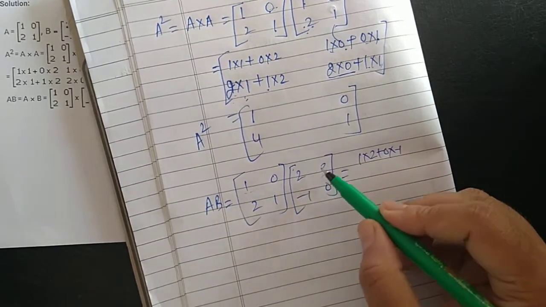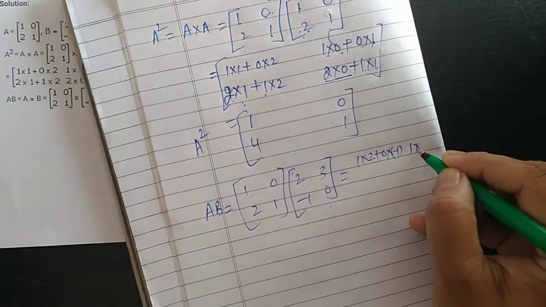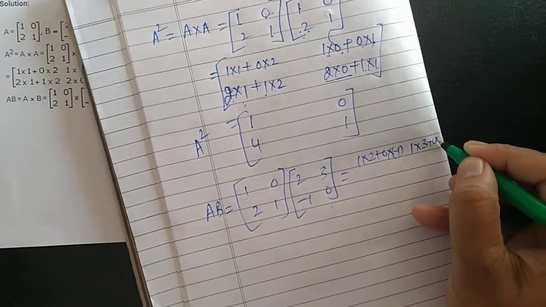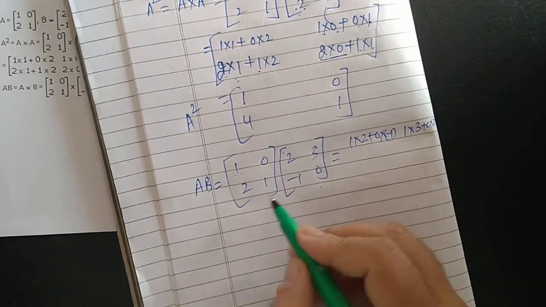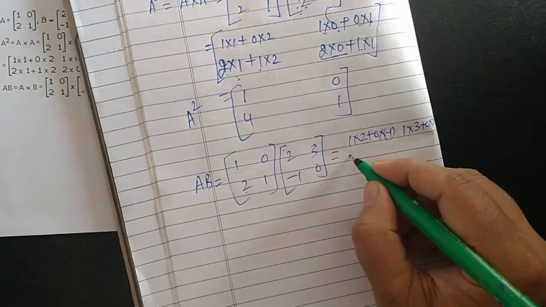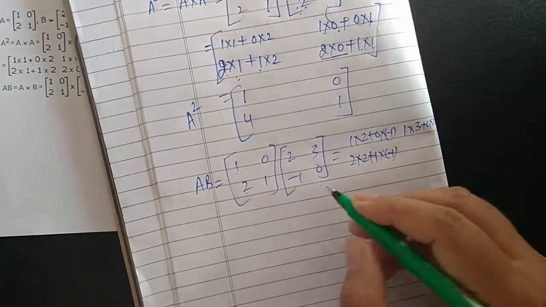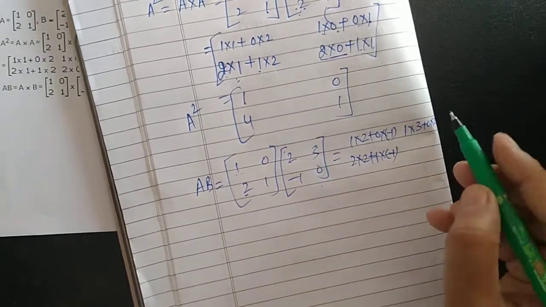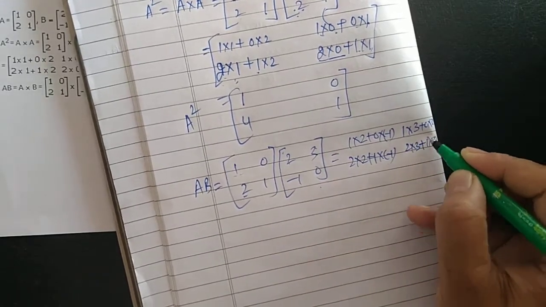Then first row with second column, 1 multiply by 3 plus 0 multiply by 0. Then second row with both the columns, 2 multiply by 2 plus 1 multiply by minus 1. Then 2 multiply by 3 plus 1 multiply by 0.